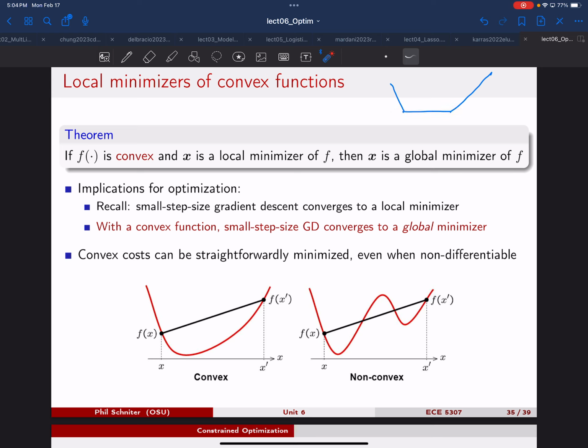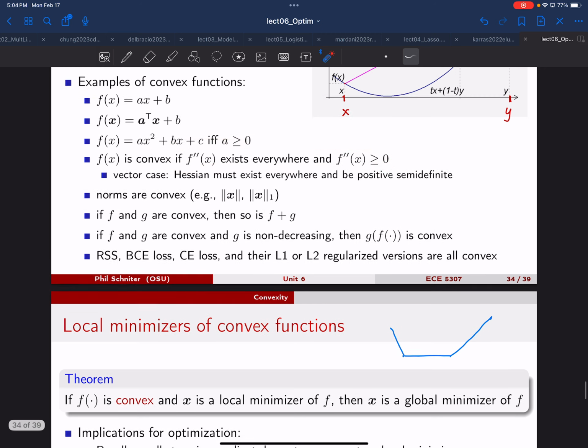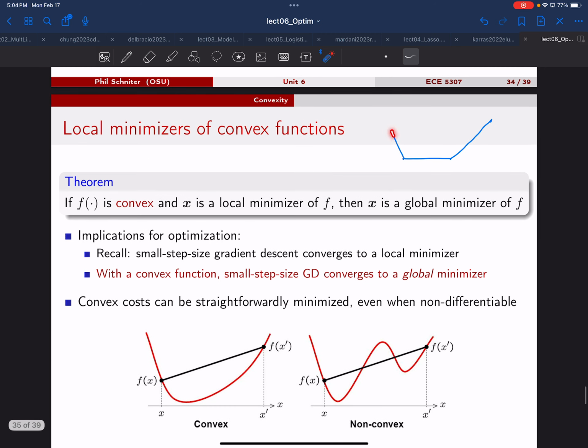What I'm saying is the minimum may not be unique, but all the local minima are also global minima. Another thing about this function is that it's not differentiable, so some of the things I talked about earlier wouldn't really apply there. Convex functions can be non-differentiable and have these sharp edges. But the point is that if I somehow found this point or this point, I'd be equally happy because they have the same minimum loss.